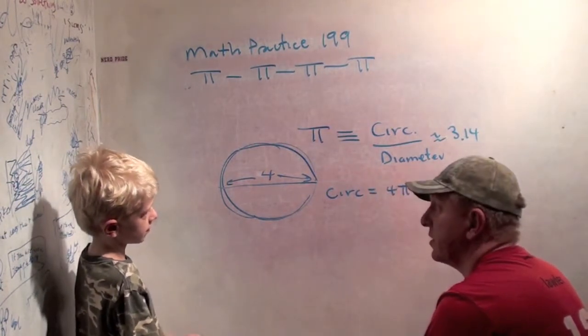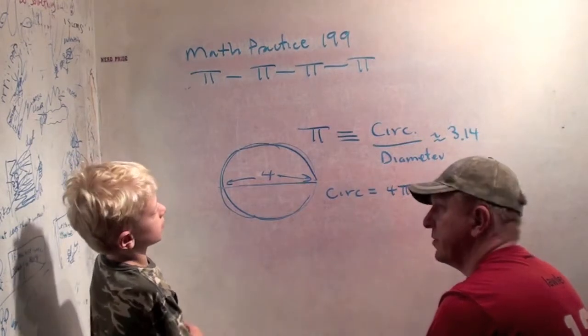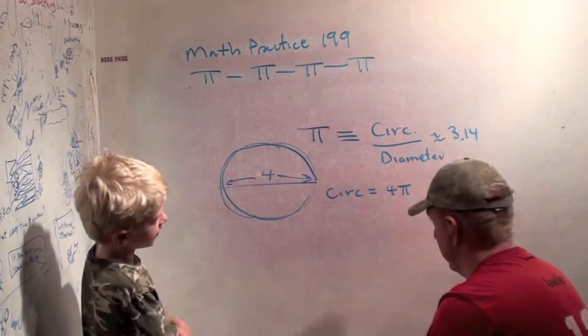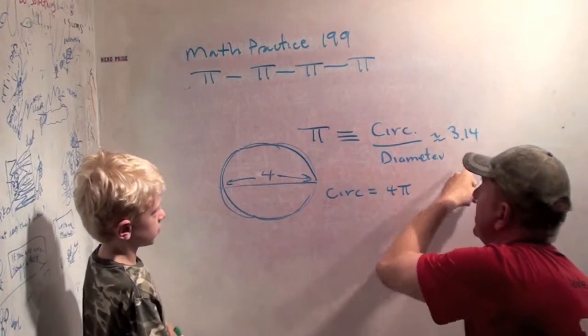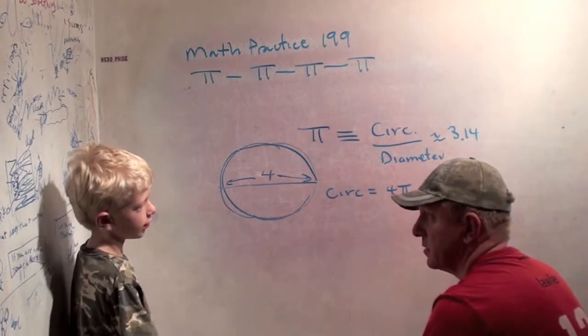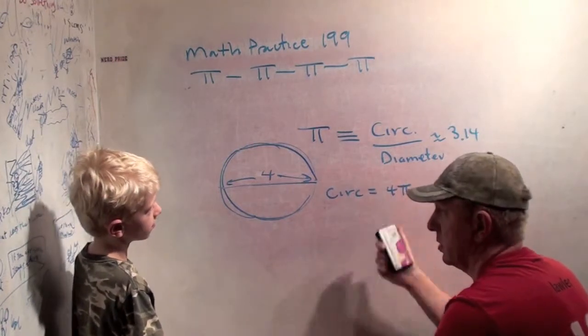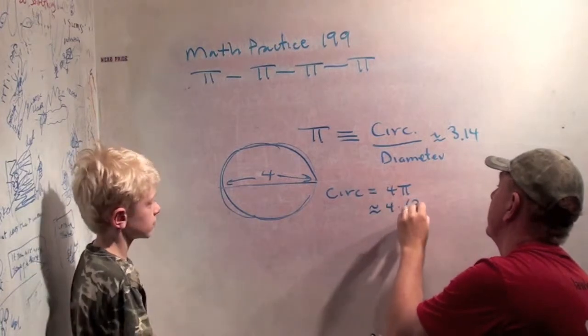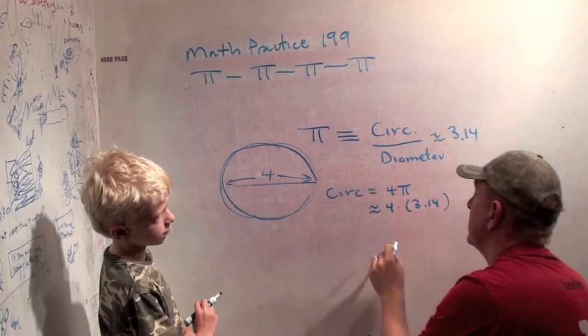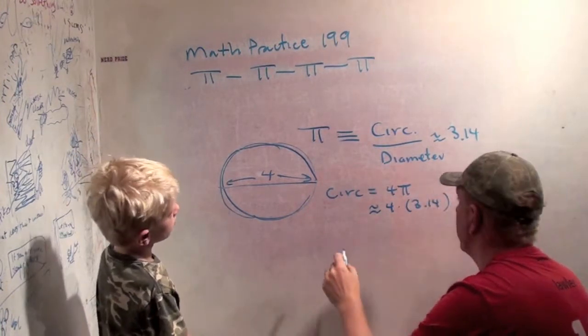Now I said it goes around a little bit more than 3 times. You know what 4 times 3 is? 4 times 3 is 12, and then we have to multiply the 0.14 by 4. Because this is about 4 times 3.14, which is, do you know what 4 times 14 is?